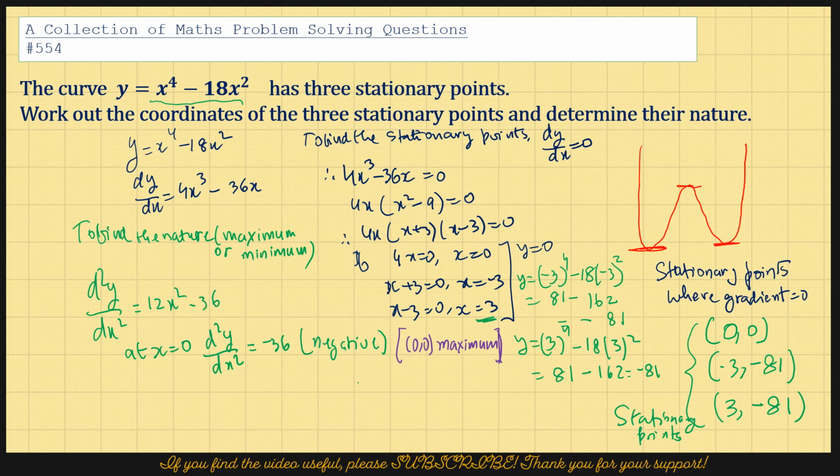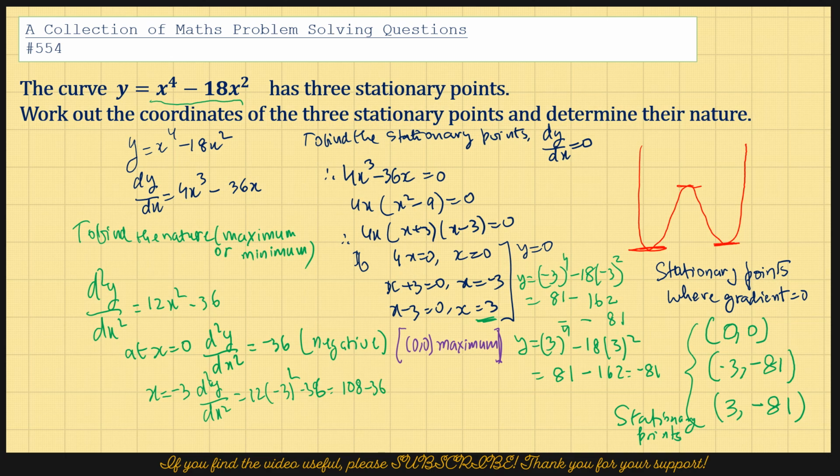Okay, and then for the next one, x equals minus 3, then d2y by dx squared would be 12 times (minus 3) squared minus 36. That is 9 times 12 is 108 minus 36.